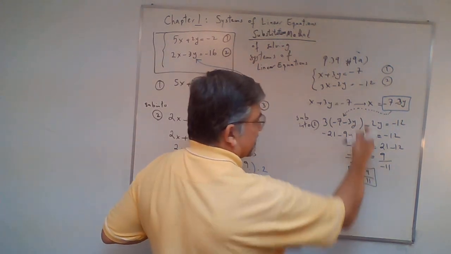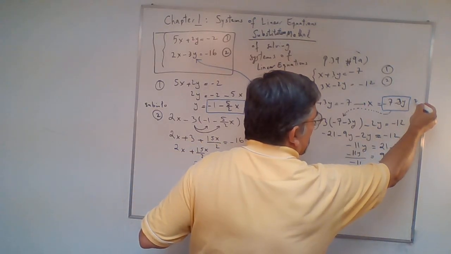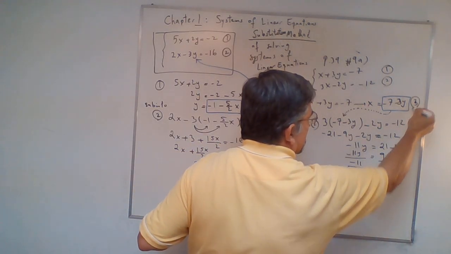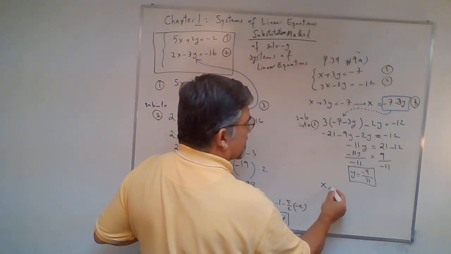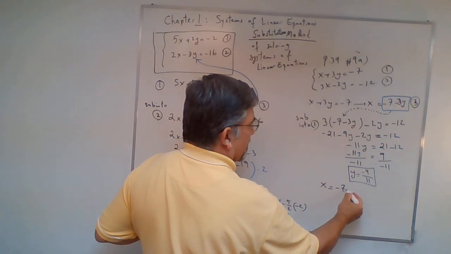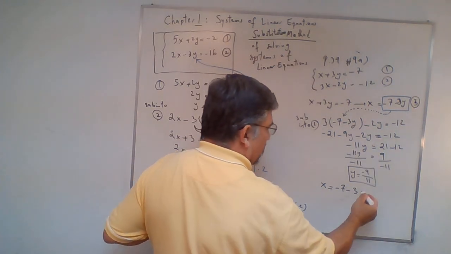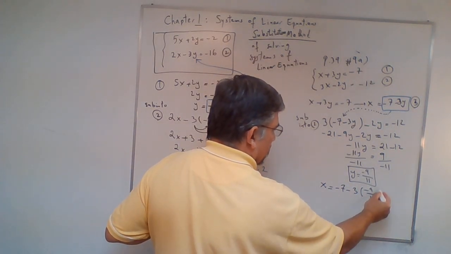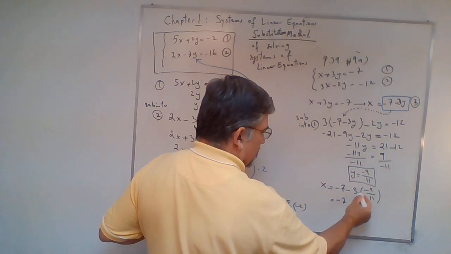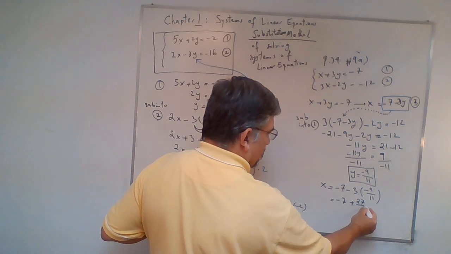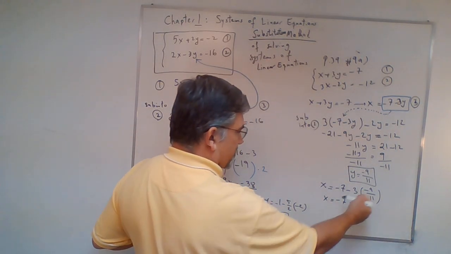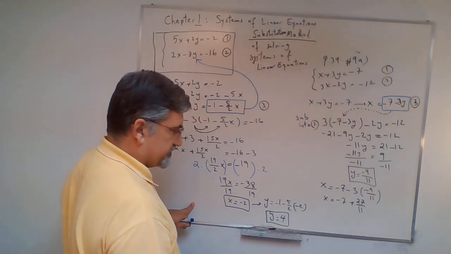Now, to find the value of x, again, we can use our equation number 3. So x equals -7 minus 3 instead of y, negative 9 over 11. So that's 27 over 11, right? 3 times 9, 27.